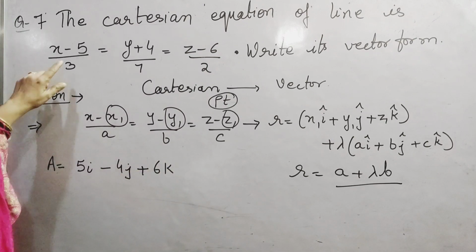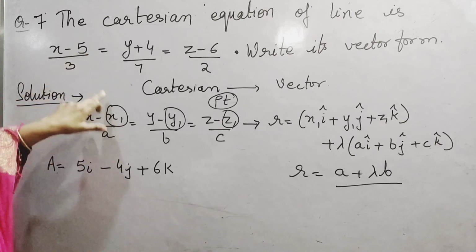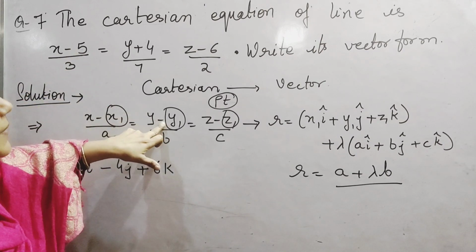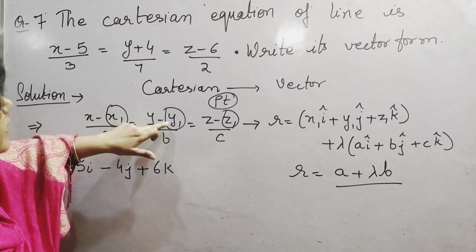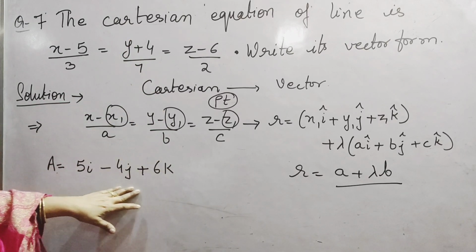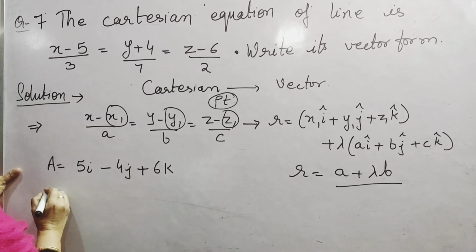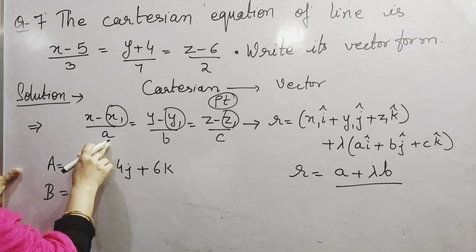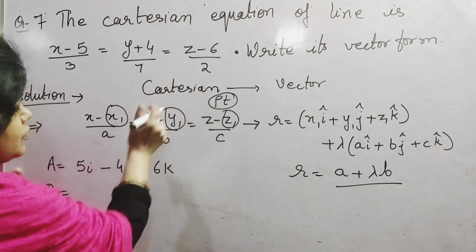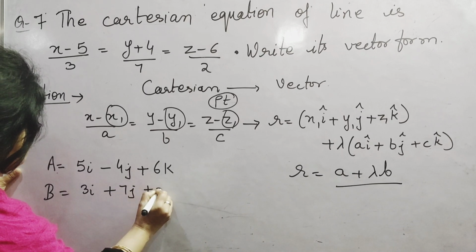So listen, one thing. It is minus 5, and when you compare, x1 is equal to positive 5. Here minus y1 is plus 4, so when we compare, y1 is equal to minus 4. Don't make silly mistakes over here. Now what is the value for b? It becomes 3, 7 and 2, that is 3i plus 7j plus 2k.